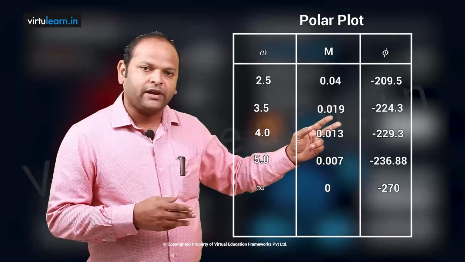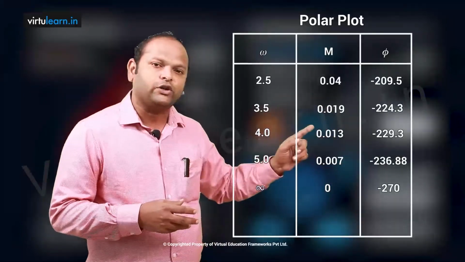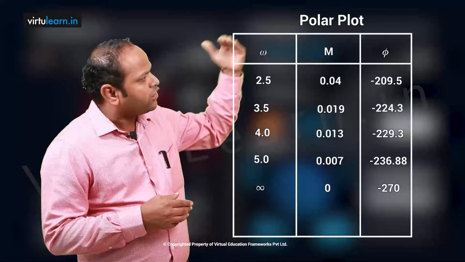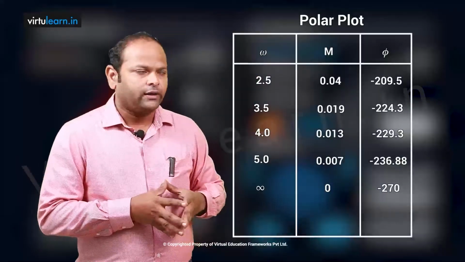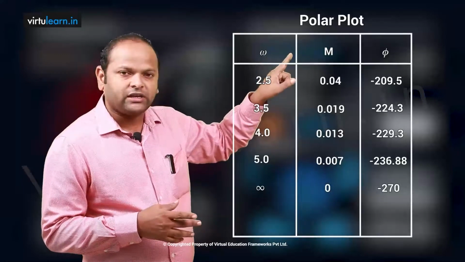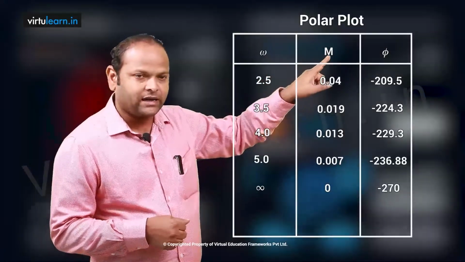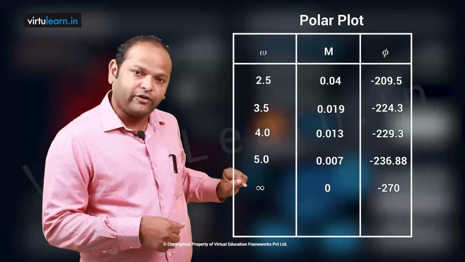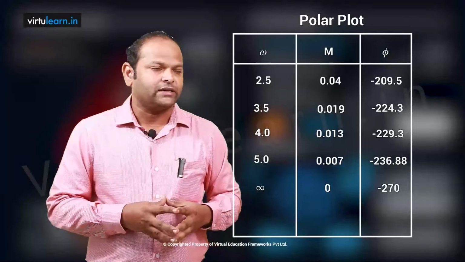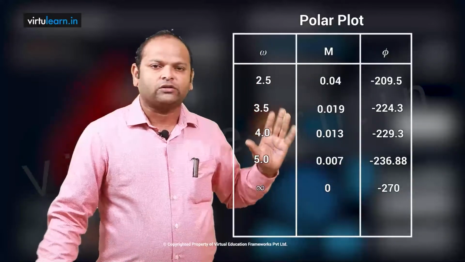From this entire table, the starting and ending are very important. So omega is 0, magnitude is infinity and phase angle is minus 90. When omega is infinity, magnitude is 0 and the phase angle is minus 270 degrees. In between there are many values.